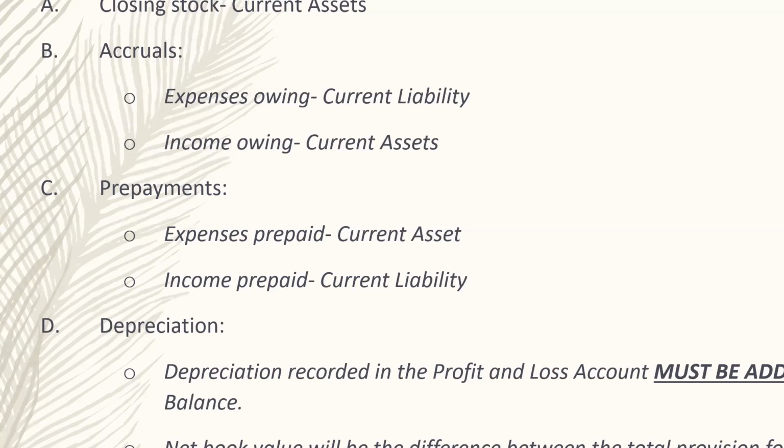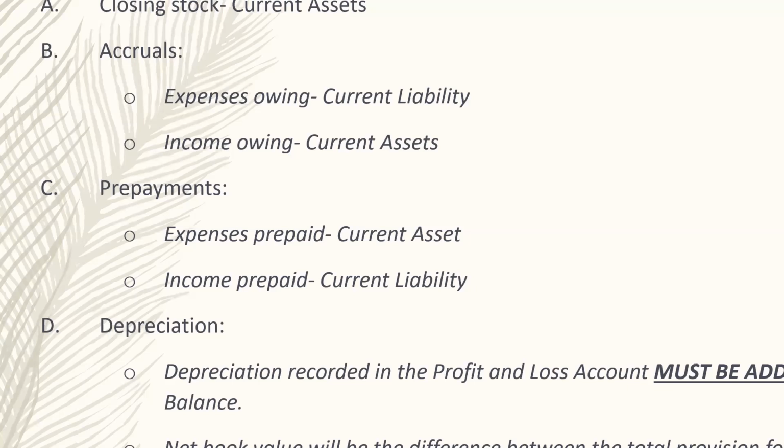But let's just say income owing, like to us, the business, let's say rent received or interest received, we know that it is money that is coming into the business. So as a result, it will be considered a current asset. So income owing means income owing to the business. If income is being owed to the business, it is money that the business has. It is a current asset.